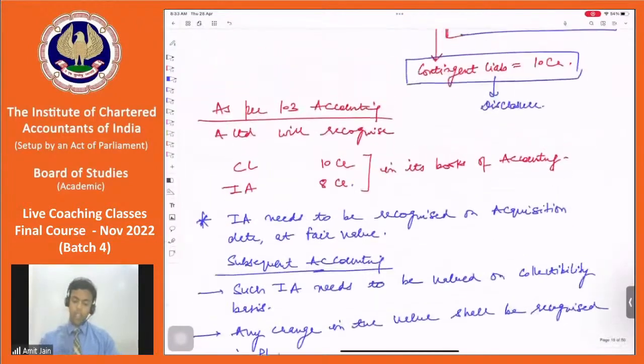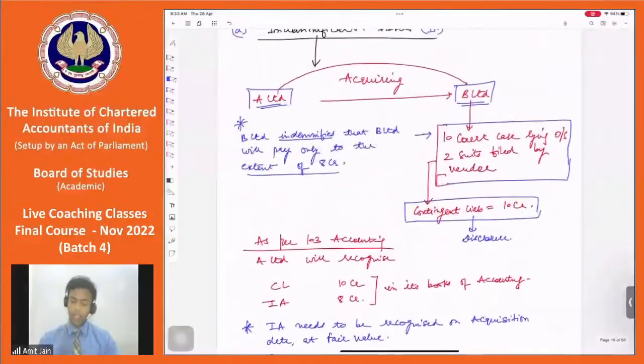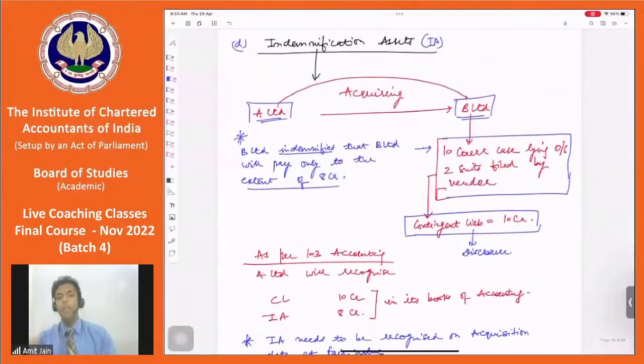Right? So this is what the indemnification assets are, where B Limited is of the view that there are certain contingent liabilities appearing in the books of accounts of B Limited, which result into an outflow, right? And A Limited is acquiring. So A Limited is careful, A Limited is mindful that in future, if A Limited has to pay this liability, then it will result into an additional cost from A's perspective.